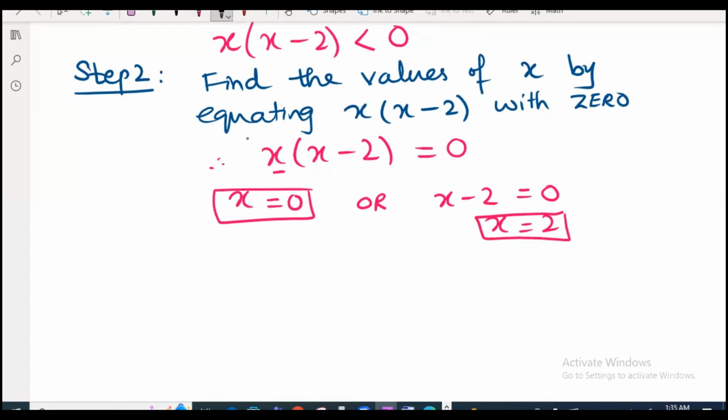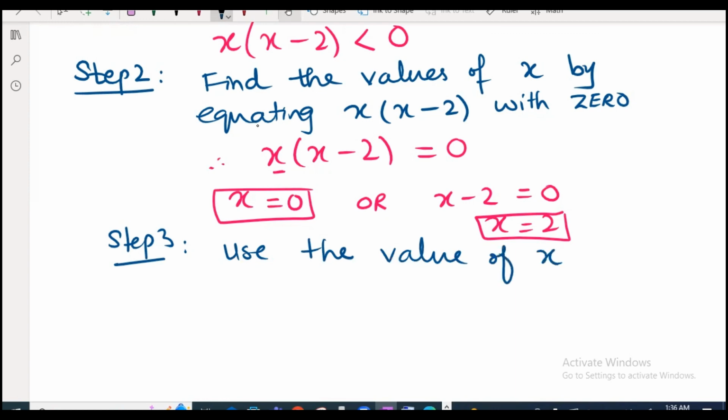Now step number 3. Step number 3 is use the values of x to sketch the graph x times x minus 2 less than 0.